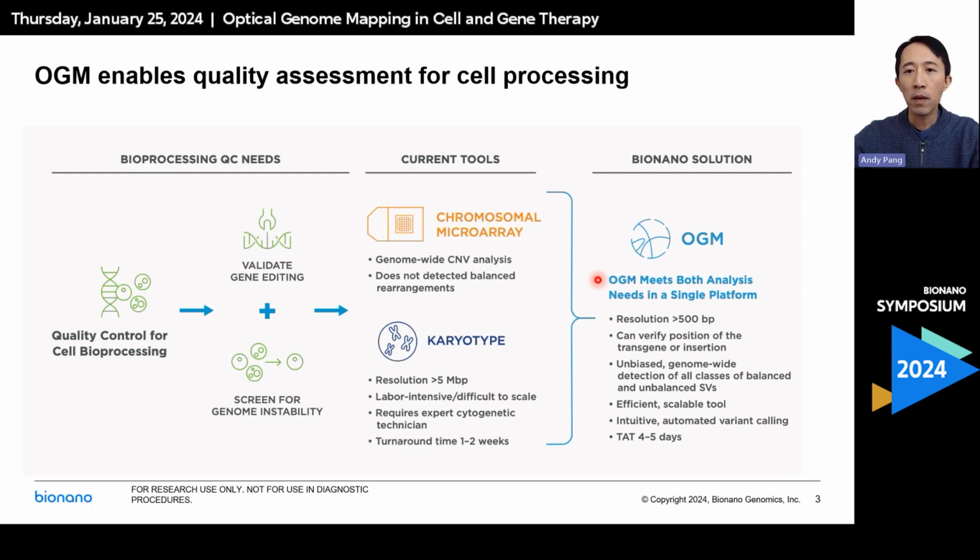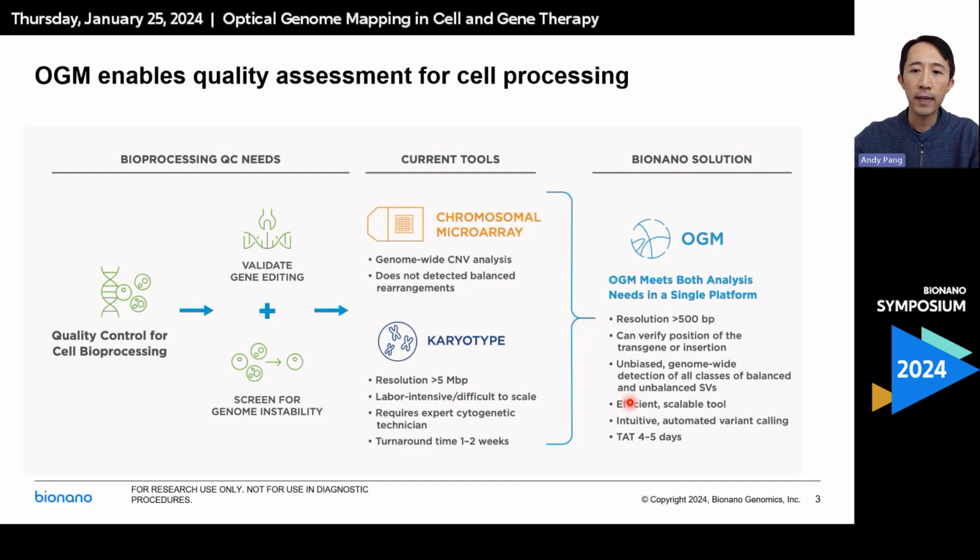With optical genome mapping, OGM, it can potentially meet both analysis needs on a single platform. It is high resolution, can detect events down to 500 base pair and up. It can verify the position of the transgene insertion. It can detect all classes of structural variants, balanced or unbalanced.